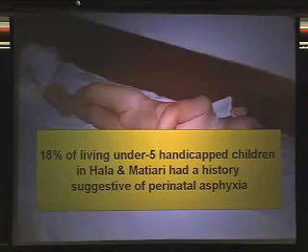Not vague history, but clear history of failure to breathe at birth and seizures within the first 3 days of life. So if you just do an association with those kind of numbers, the contribution of handicap to the burden of morbidity following asphyxia is not minuscule.